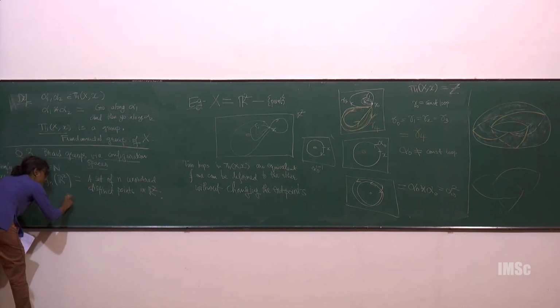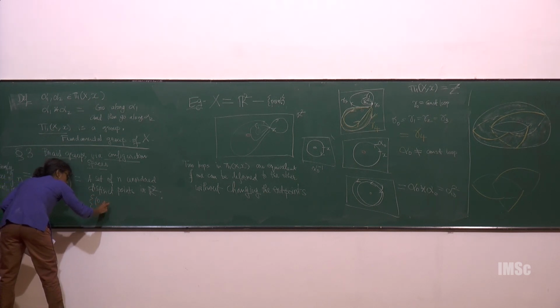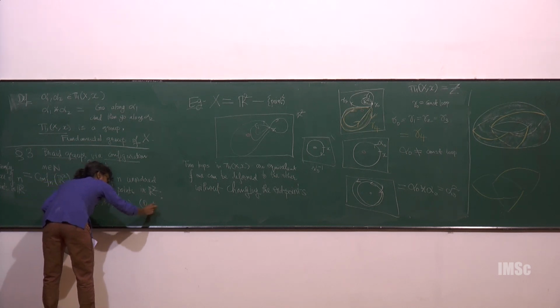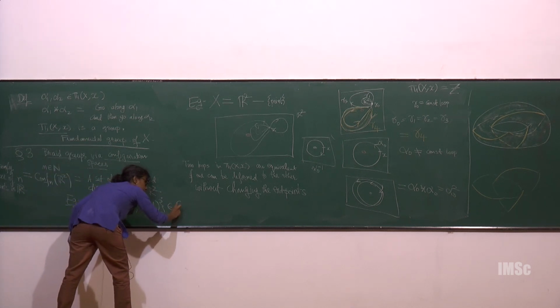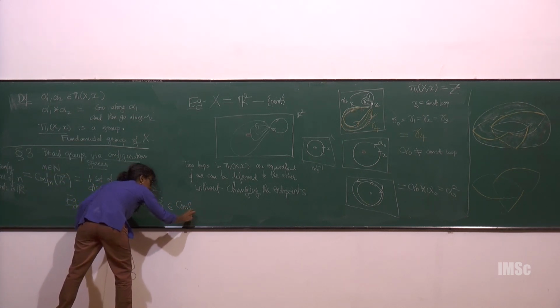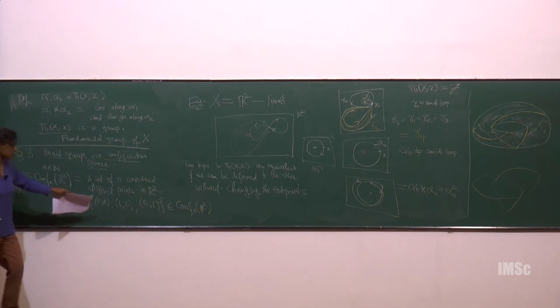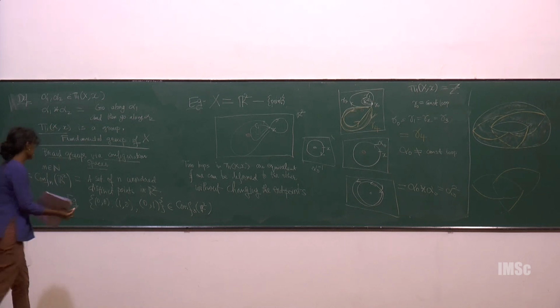So example, if I take 3 points, (0,0), (0,1), (1,0), this is an element in Conf_3(R2). And I can switch the order, it will continue to be the same element.